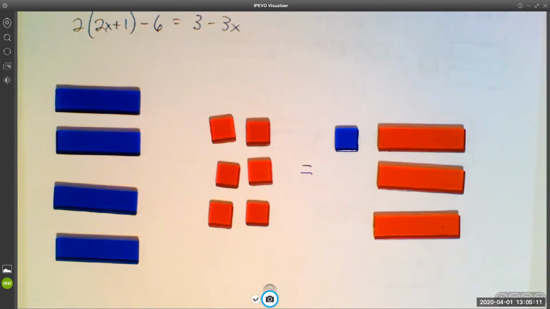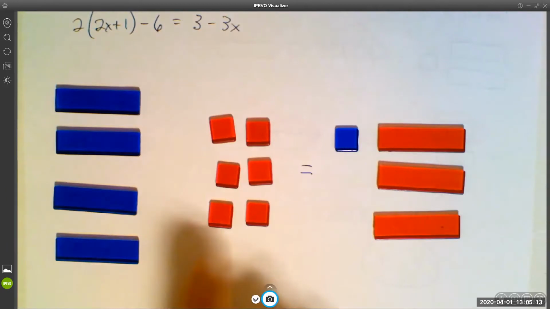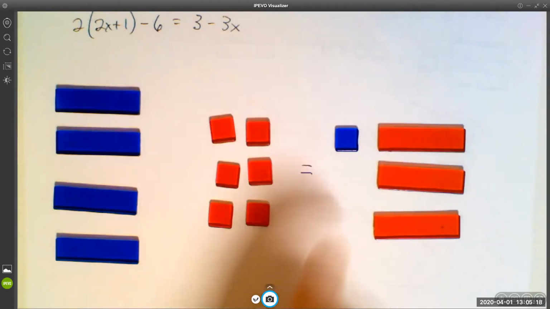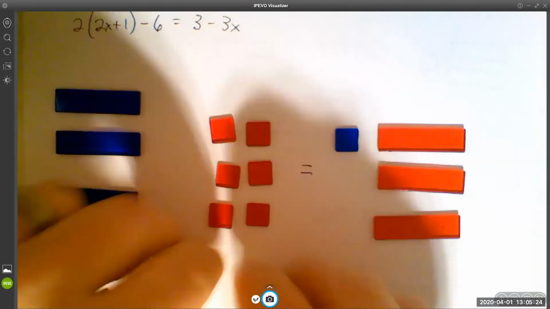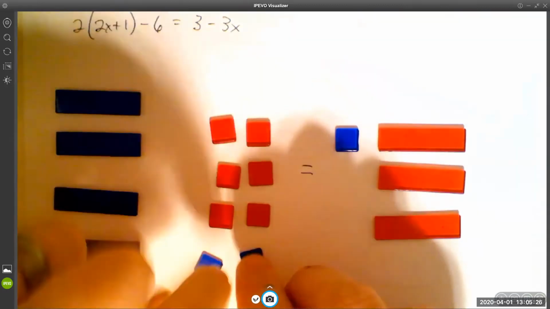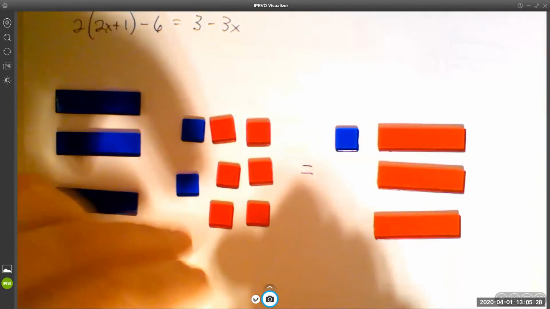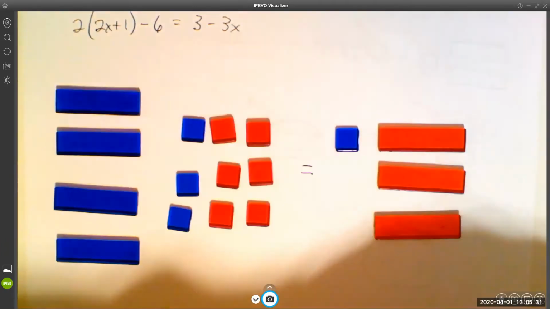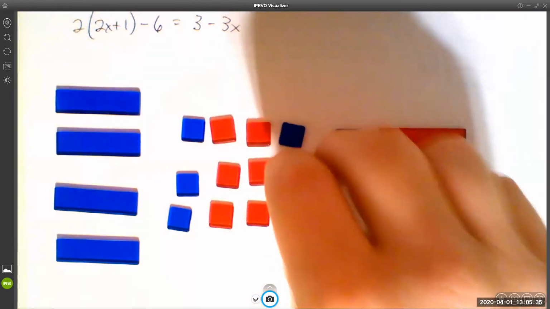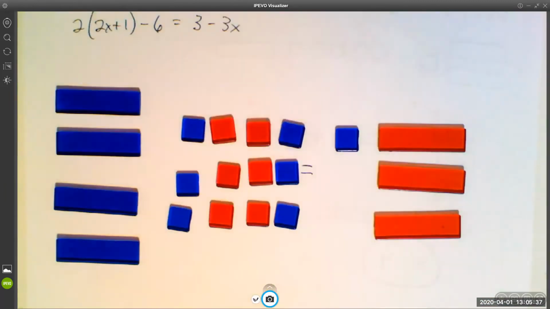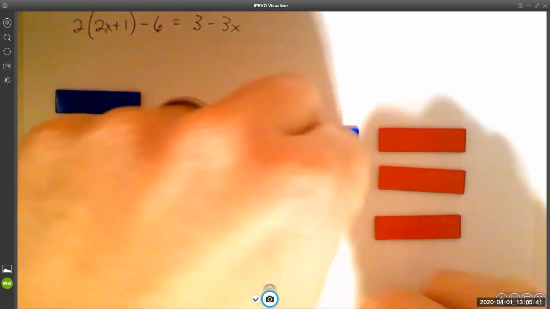What I would rather do at this point, let's say I'm trying to get rid of these unit tiles and move them over to the right-hand side, is add the opposite. So I'm going to add 6 positive tiles on the left, which I'm allowed to do as long as I add 6.